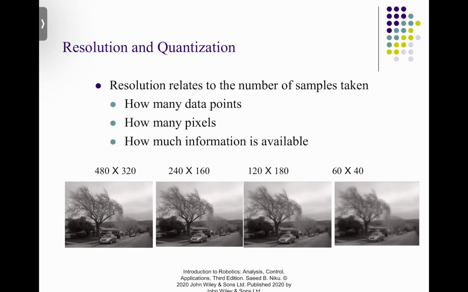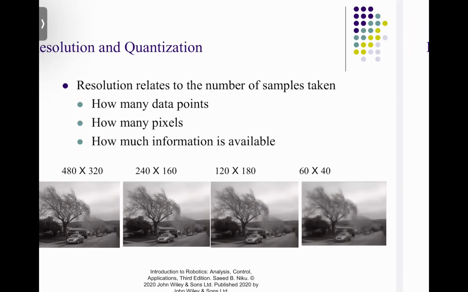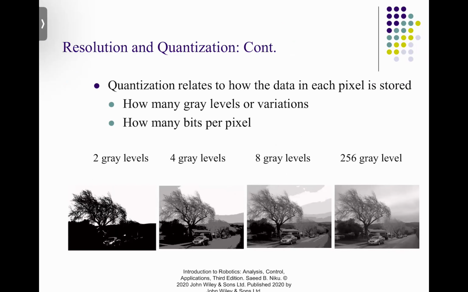So some of the important questions here are data points, how many pixels, and how much information is available. And again, this talks about the quantization. For example, if it is just 2 gray levels, then as you can see, that image is not that great. If there are 4 gray levels, then you can see slight variations.